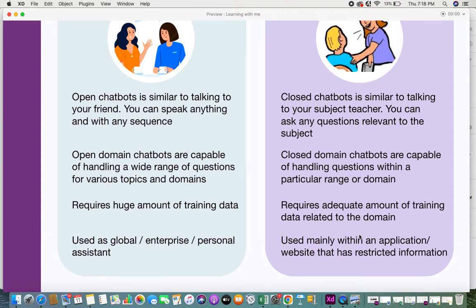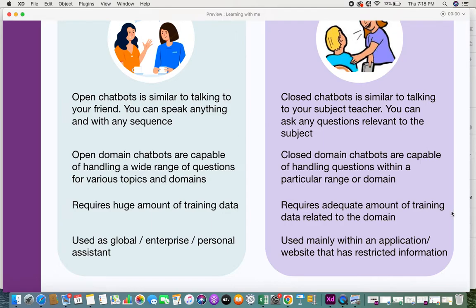As I said, the open domain bot can answer any number of questions, but imagine the amount of information the bot has to process, get trained on, and know. Whenever you have a chatbot, there is a phase of training, and the amount of data you use for training open domain bots is going to be huge compared to closed domain chatbots.